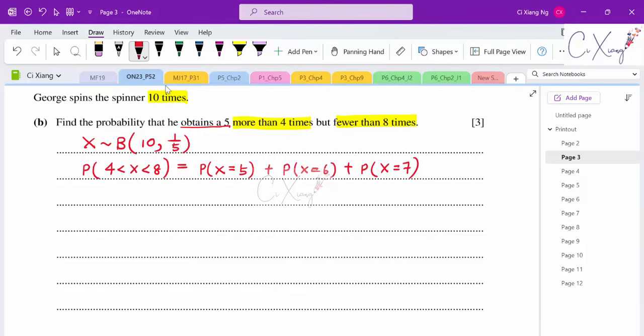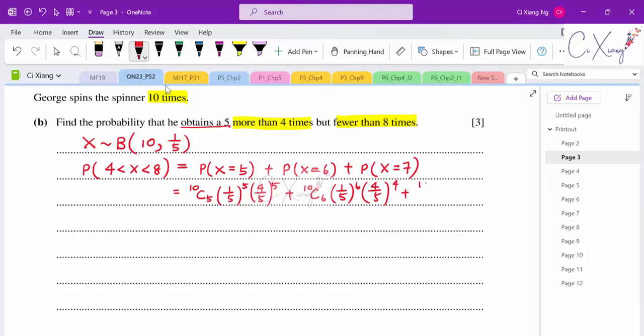Then we put in the formula for binomial distribution to get the probability. So x equals 5 means 10C5, p power 5, q power 5 also. Then 10C6, 1 over 5 power 6, and then 4 over 5 power 4.